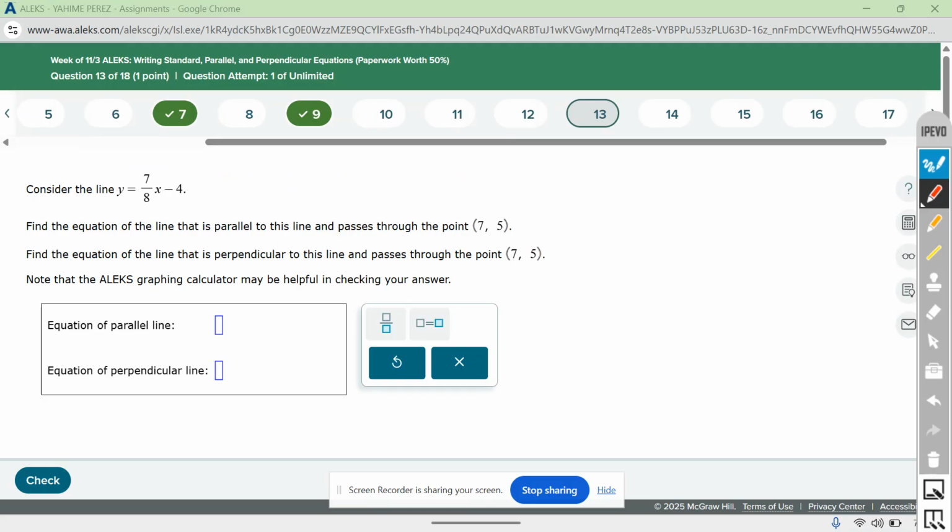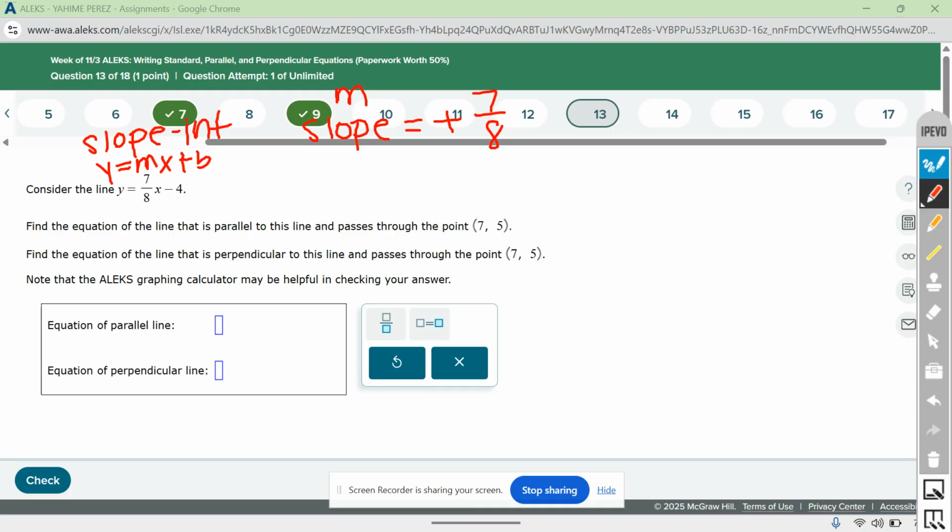This is slope-intercept form, which is y equals mx plus b. So our slope here, m, is mushed against the x, which is positive 7 over 8.